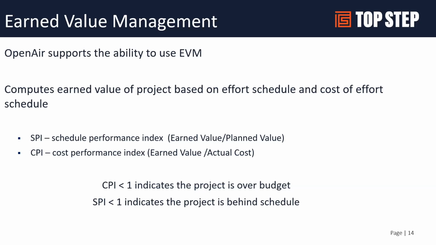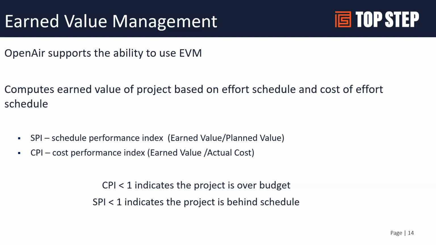So you could throw a lot of resources at a project. You could be really good on the schedule, but you could be really bad on your costs. So the CPI and the SPI will give you the different values based on how the project is progressing.